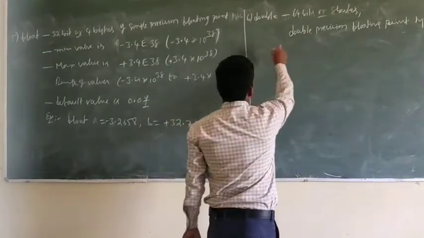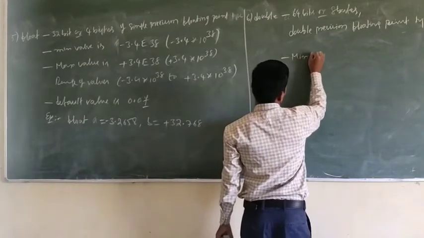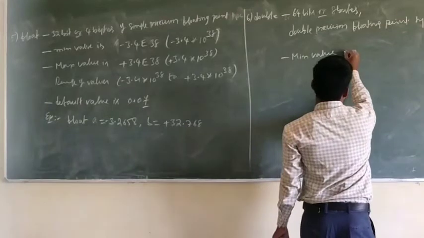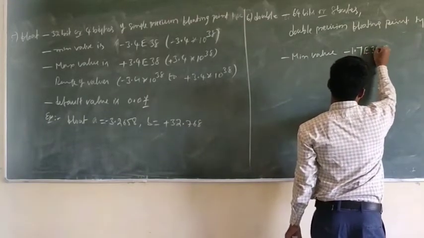And what is the minimum value and maximum value? The minimum value is minus 1.7 E 308.